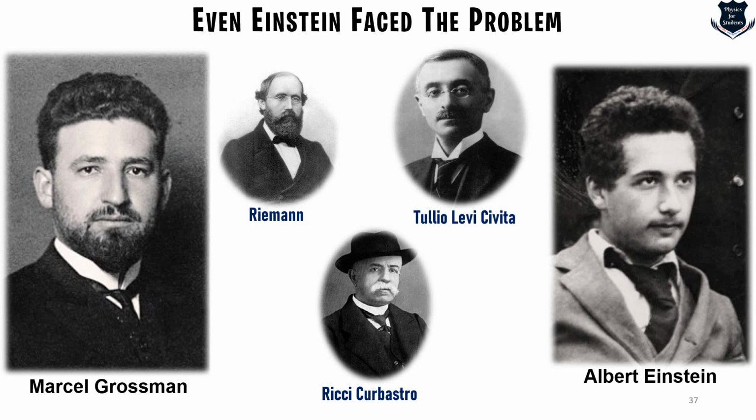I think this shows the entire concept: even Einstein got perplexed, and it was Grossmann, a friend in need is a friend indeed, who helped Einstein overcome the ideas and get introduced to differential geometry.